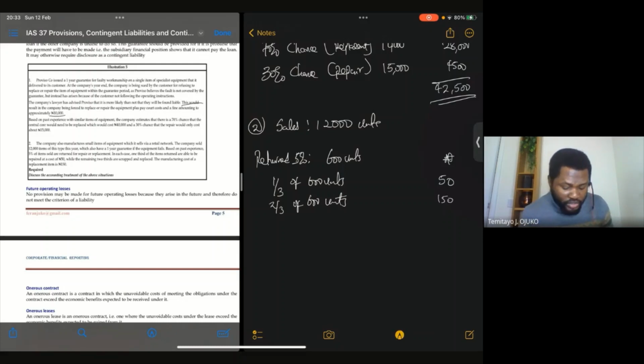Now, what I want us to check is whether the 50 naira and 150 naira are per unit, or a total. So we need to be sure of that.